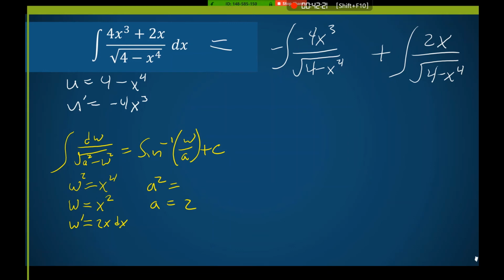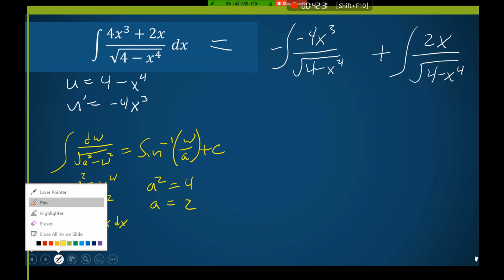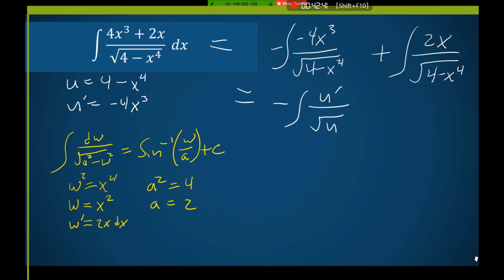So we're going to make that substitution. My next line will be this: this whole integral is equal to negative the integral of u prime over root u plus the integral of w prime, which is 2x dx, over the square root of a squared minus w squared.